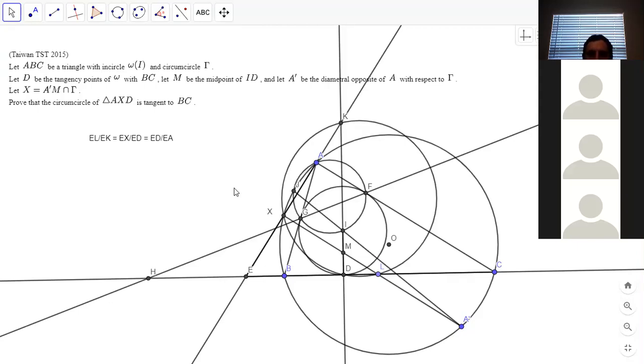So we could try to show that KD times ID is HD times DL, right? That would prove that I is the orthocenter of KHL.